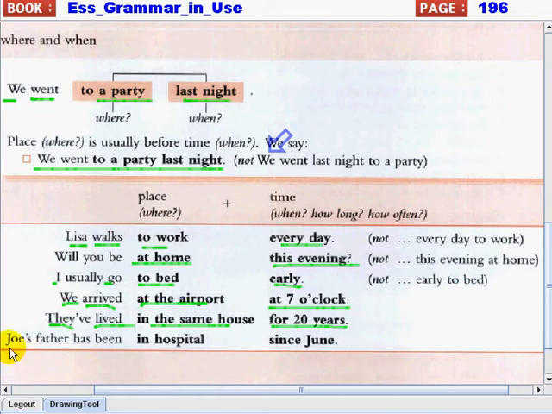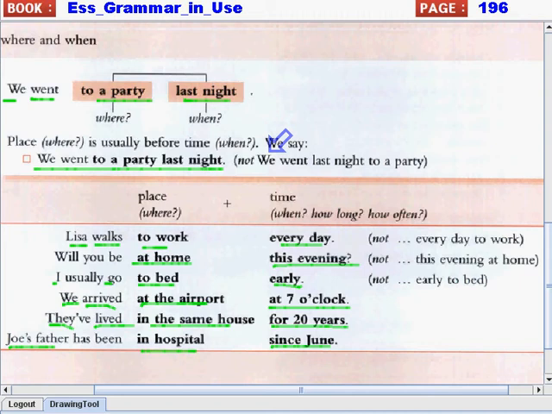Next, Joe's father has been in hospital since June. Our subject is Joe's father. Place is in hospital where he stayed, and he was staying there since June. Or he has been staying there since June.